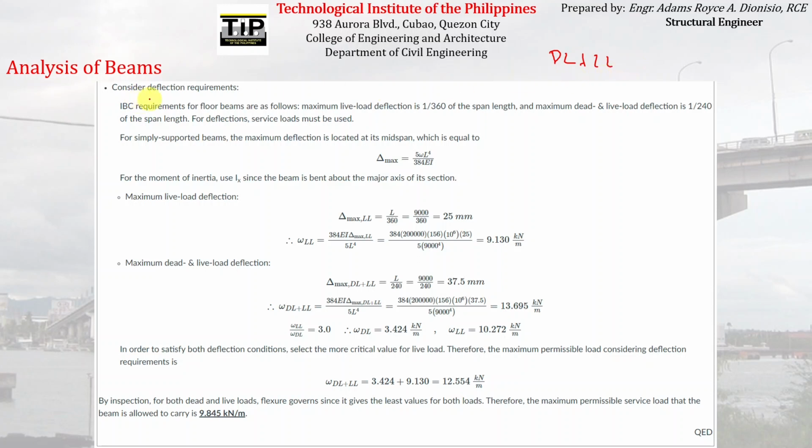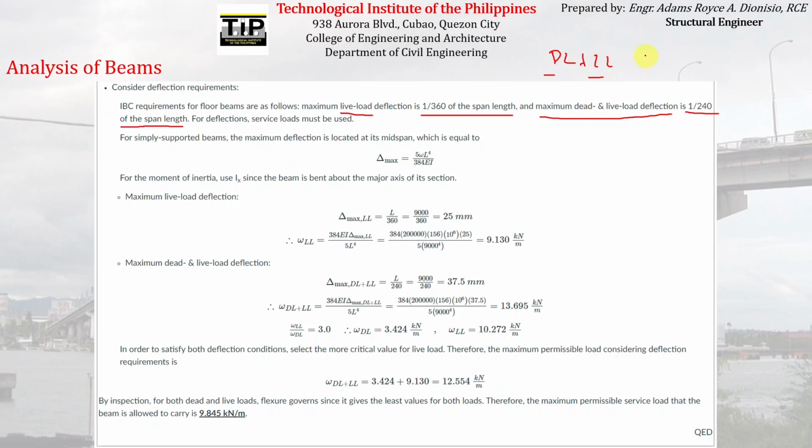Considering the deflection requirements of IBC for floor beams, the maximum live load deflection, live load alone, must be equal to or less than 1 over 360 of the span length, and the maximum dead load and live load deflection must be less than or equal to 1 over 240 times the span length. So we have to make sure that the dead load and live load will induce a live load deflection alone not greater than L over 360, as well as a dead load plus live load deflection not greater than L over 240.